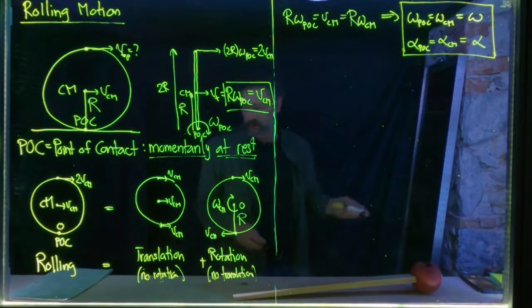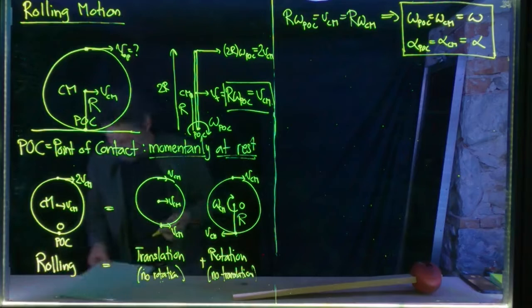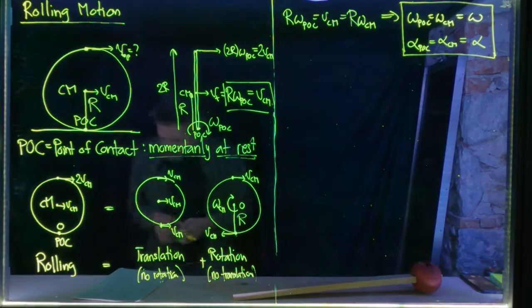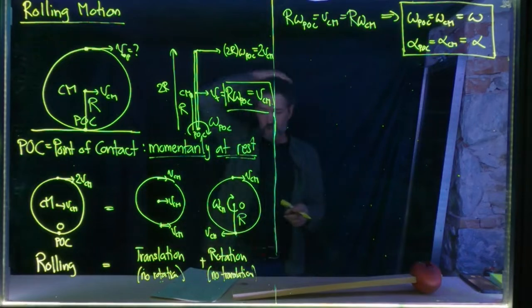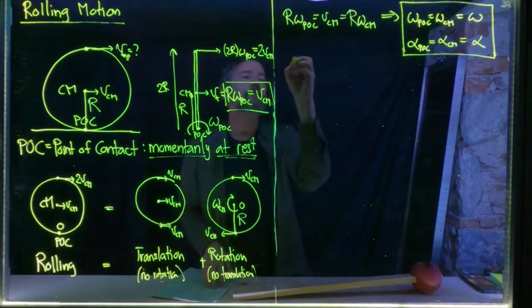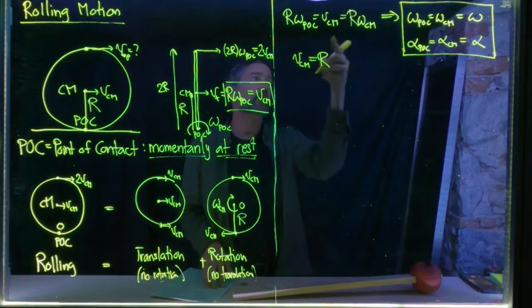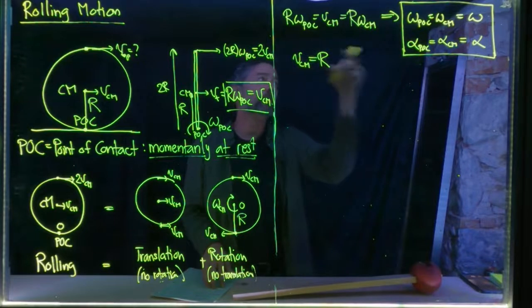Okay, and then the other two important results that we want to highlight, which we've already worked out. So let's just sort of summarize. VCM is equal to either r times omega cm or r times omega point of contact. Well, that's just r times this common omega.